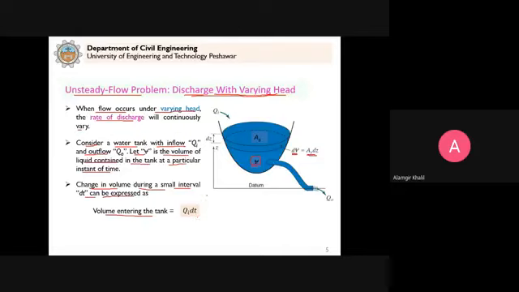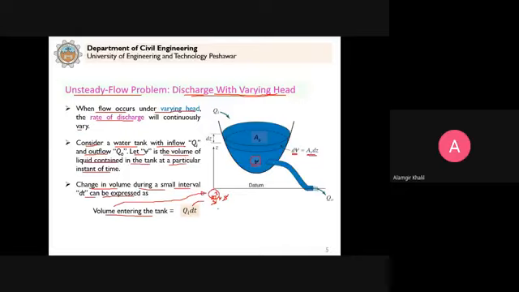You can see how it is a volume, because Q is in cubic meter per second and dt is in seconds. So seconds cancel and we are left with the units of volume.